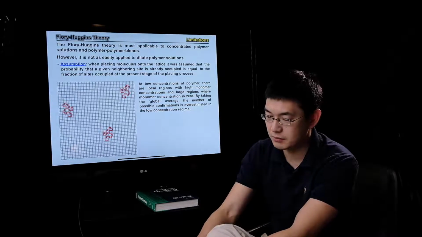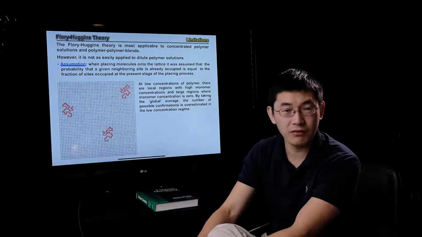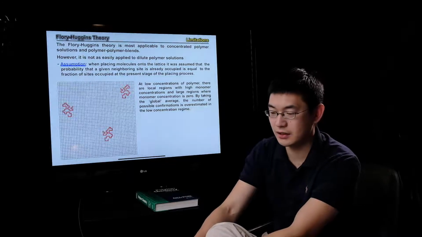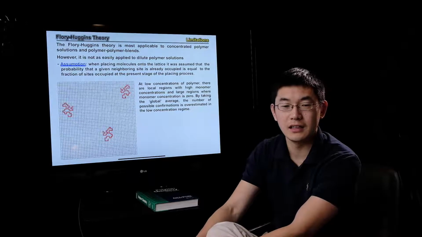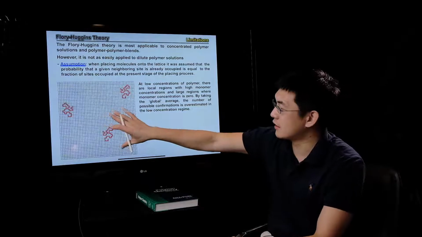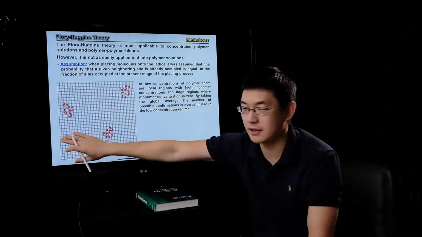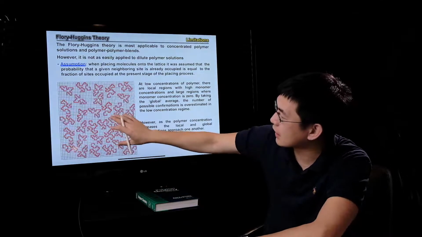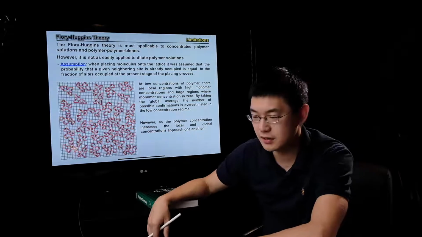This is a problem because mean field theory does not take local fluctuation into consideration. It's pretty much like putting a black cloth over this checkbox and assuming everything is average. And this is pretty much the case when you have a concentrated solution.